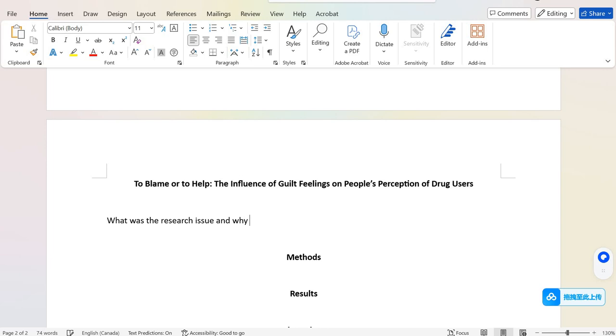And why it is important. You also need to write about what the theory was, and why. The theory should be reasonable.